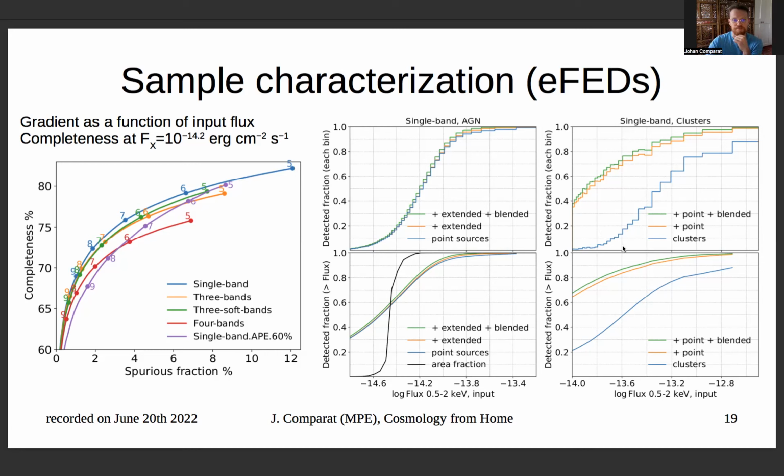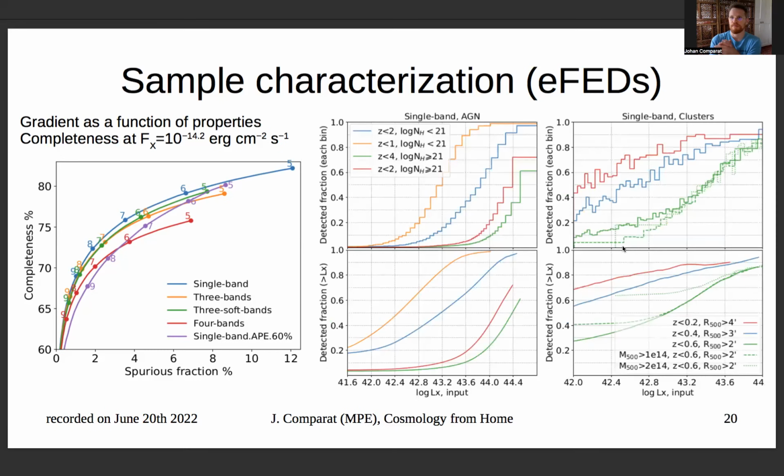of these objects. So the first thing is the input flux, and the secondary parameters for detection are the NH, the local obscuration of the AGNs, and you can see that if it's heavily obscured at, let's say, high redshift in green, you will need a lot of luminosity to actually detect it.